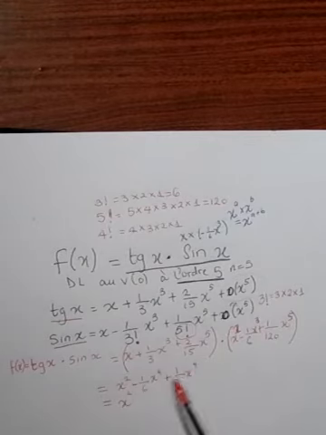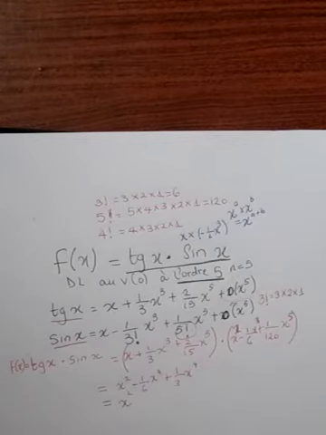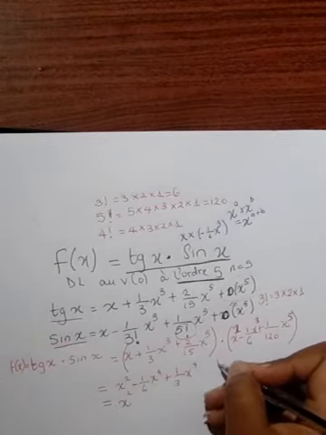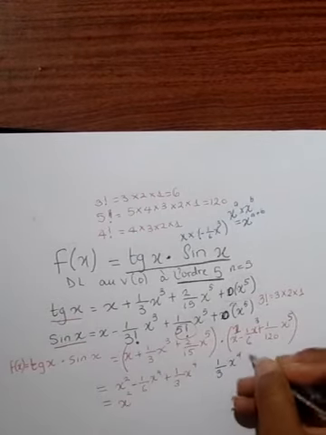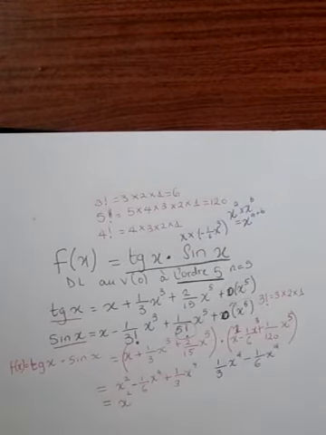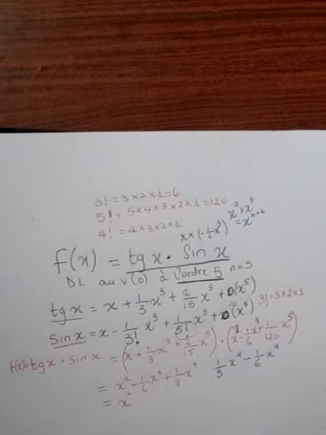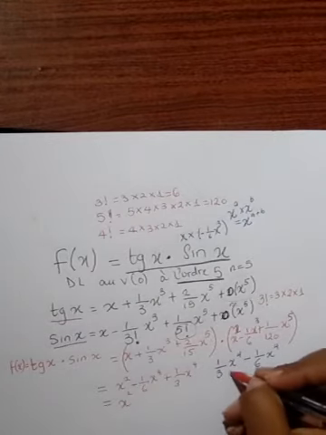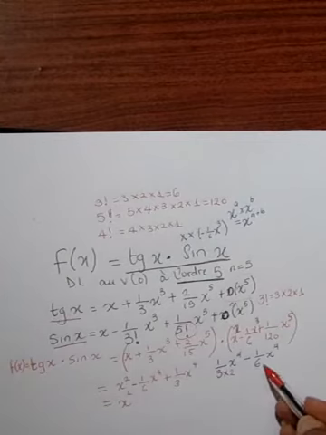So they have the same power, so we can perform an arithmetic operation here. In this case, it's going to be addition. So we're going to have 1, I'll bring this positive first, 1 over 3 x raised to the power of 4 minus 1 over 6 x raised to the power of 4. And to have the common denominator, if I multiply here by 2, I'm going to have 6.